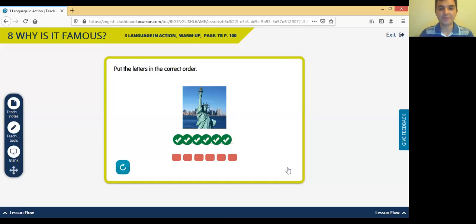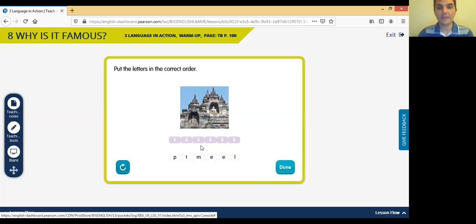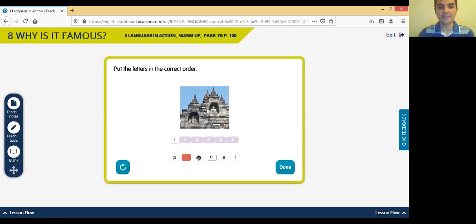Statue. After the Statue of Liberty, we have the Temple of Borobudur. So we have the word temple. T-E-M-P-L-E.